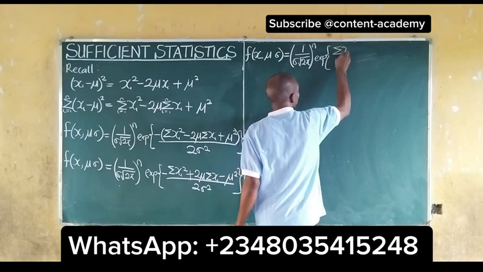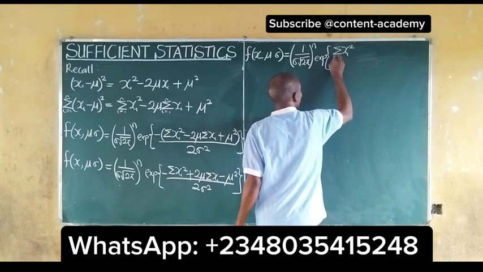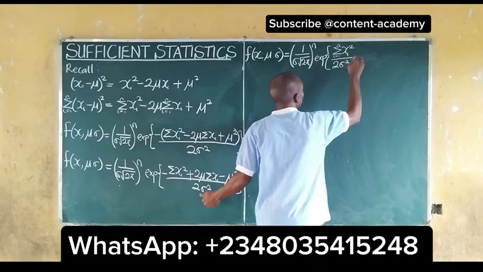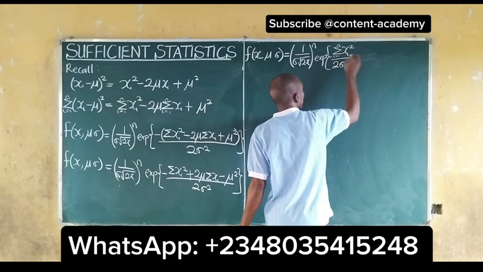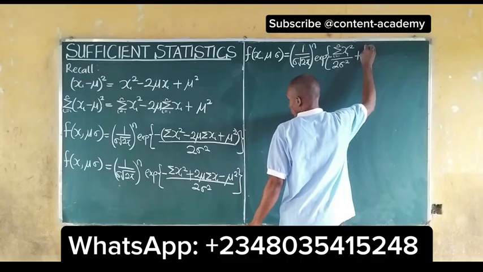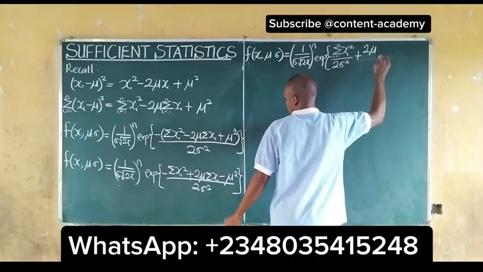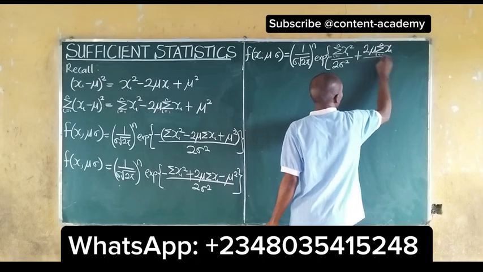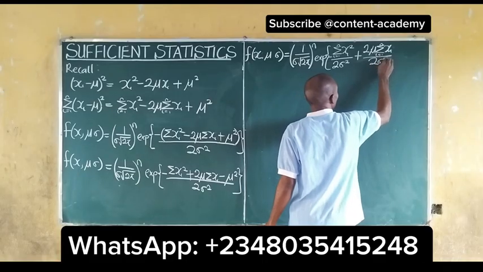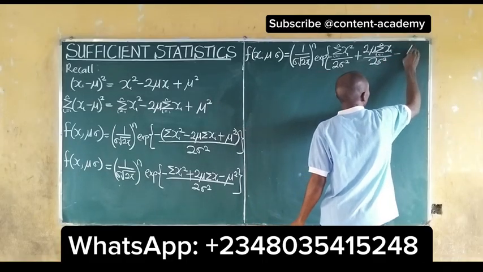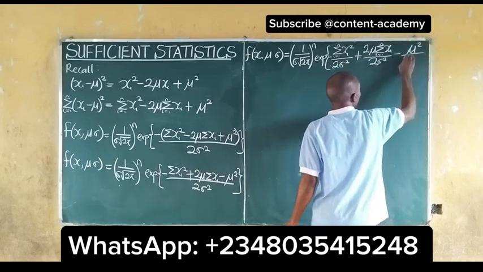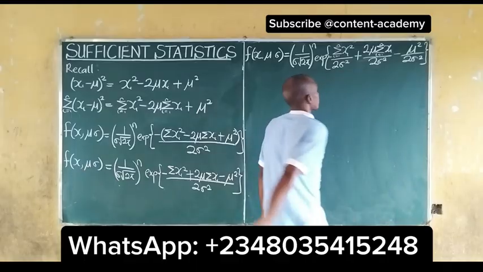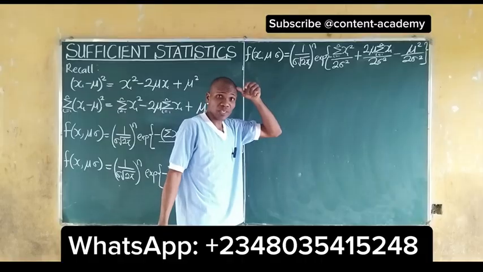Now we say negative summation of xi squared, as i running from 1 to n, all over 2 sigma squared, plus 2 mu summation of xi as i running from 1 to n all over 2 sigma squared, minus mu squared all over 2 sigma squared. So this is what we get.